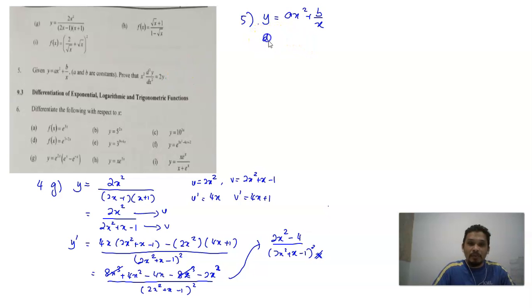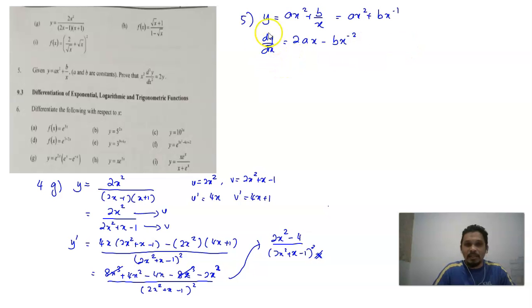So y prime, or dy/dx: differentiate this. Ax squared gives 2ax, and for b over x, which is bx to the power of negative 1, negative 1 times positive b gives minus bx to the power of negative 2.